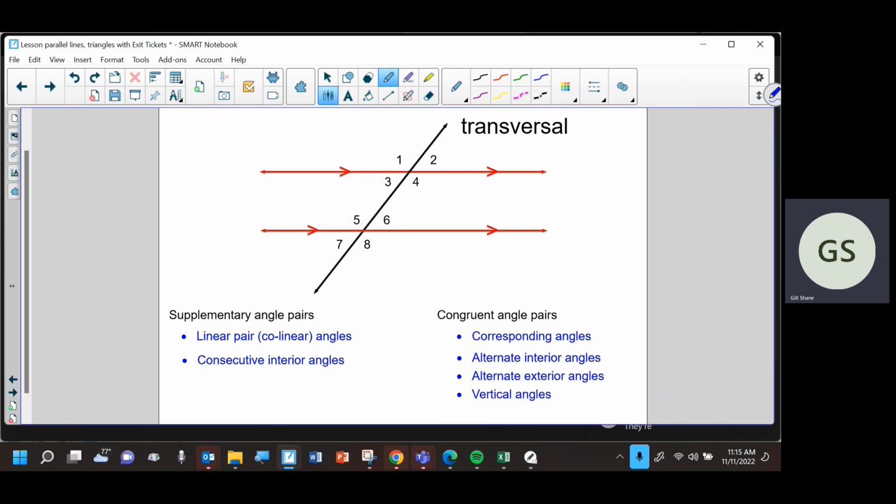They're alternate and they're interior. So alternate would mean on opposite sides, and interior would mean where? We say interior ones. So give me two angles that are on opposite sides of the transversal, but in between the red parallel lines.